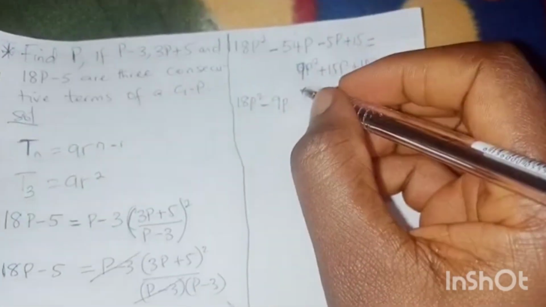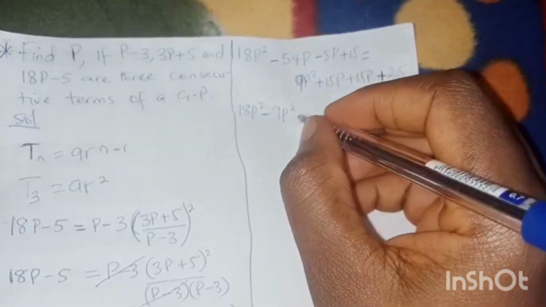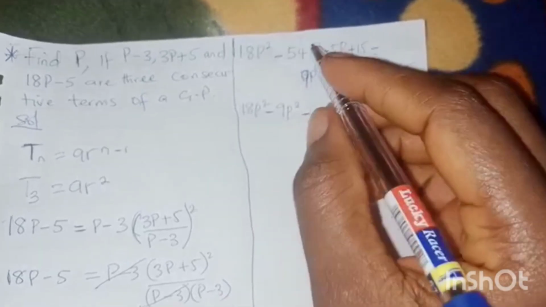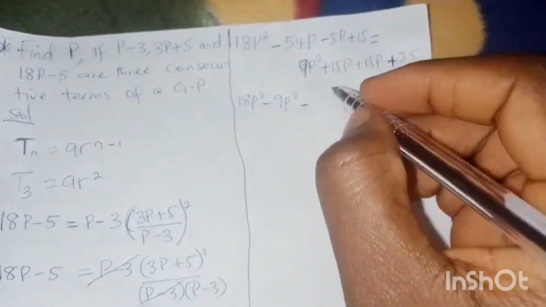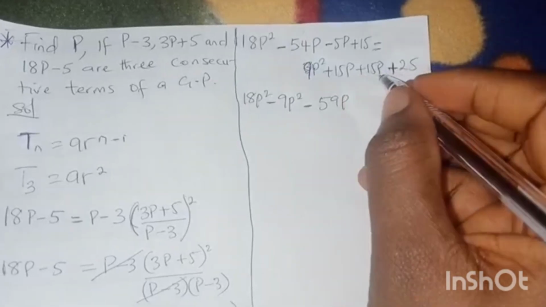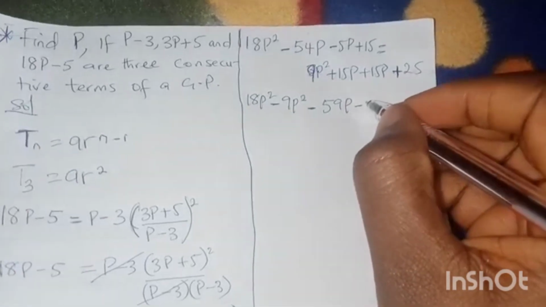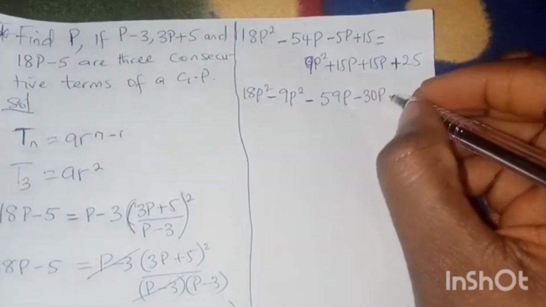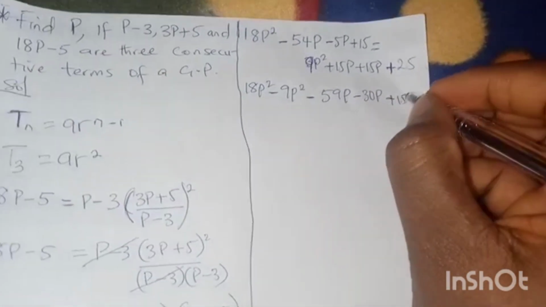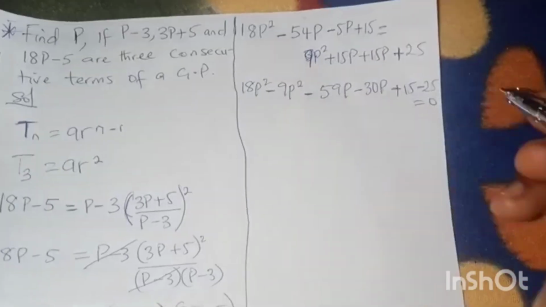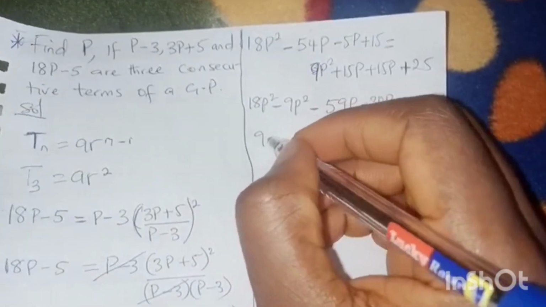So all the p squares to one side, all the p's to the other side, close to the p squares, and then all the constants close as well, and then everything equals 0. So plus 15 minus 25, we're collecting like terms, so their signs will change.